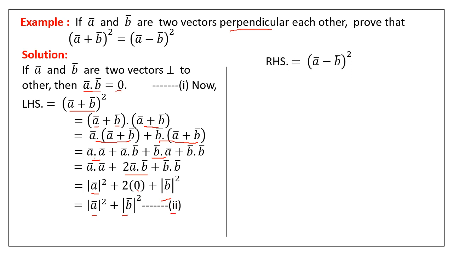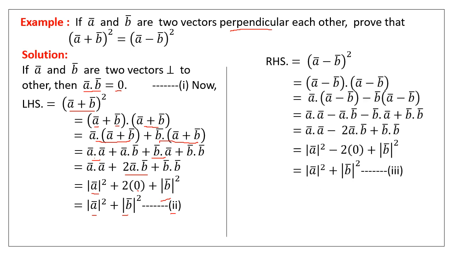Now consider RHS equal to (a bar minus b bar) square. Solving the bracket by the usual method, we have (a bar minus b bar) dot (a bar minus b bar), so a bar dot a bar minus 2 times a bar dot b bar plus b bar dot b bar.